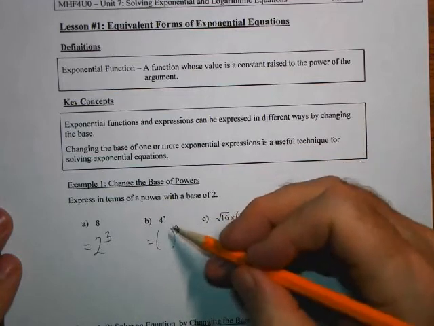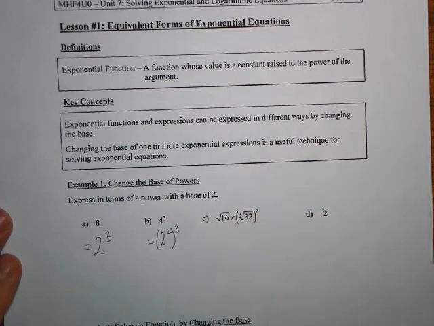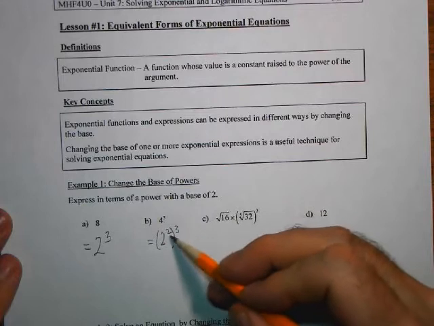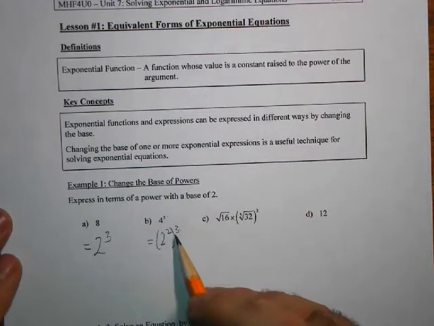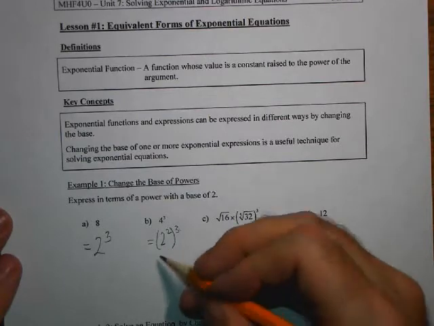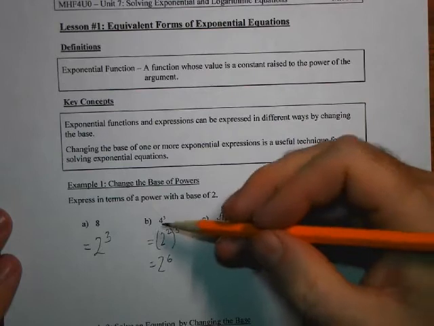So 4 is equal to 2 squared. Now at this point we're going to use the power of a power rule. When we see two powers together, we multiply them together, so we get 2 to the power 6.